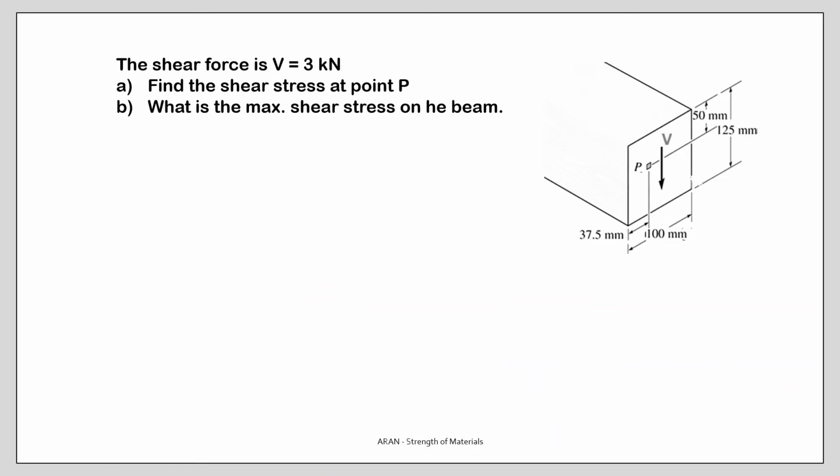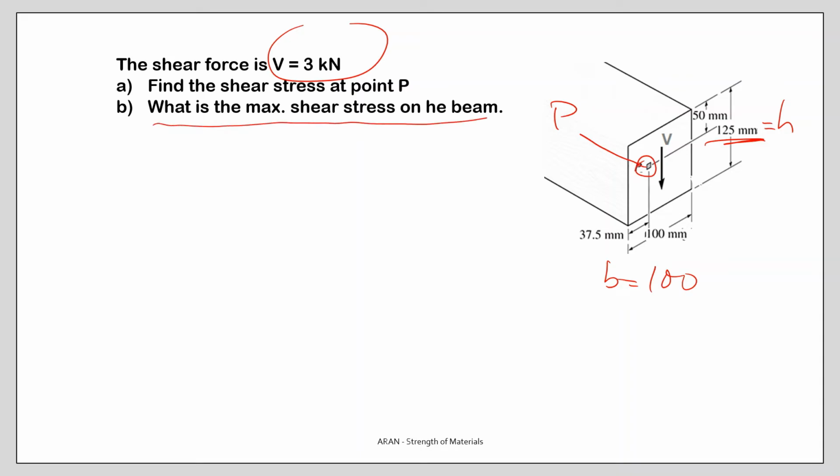An example: rectangular cross section, b is 100, h is 125, shear force 3 kilonewton. Question: for point P, find the shear stress, and what is the maximum shear stress in the beam?